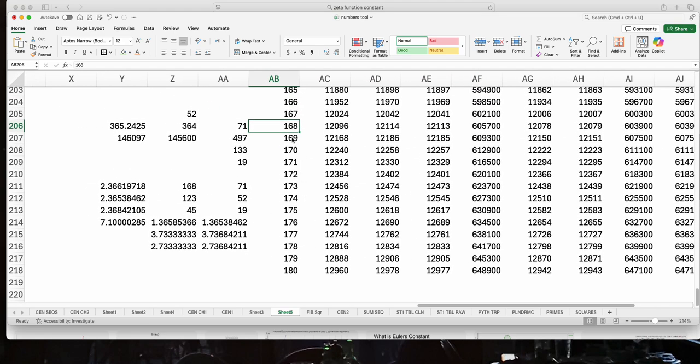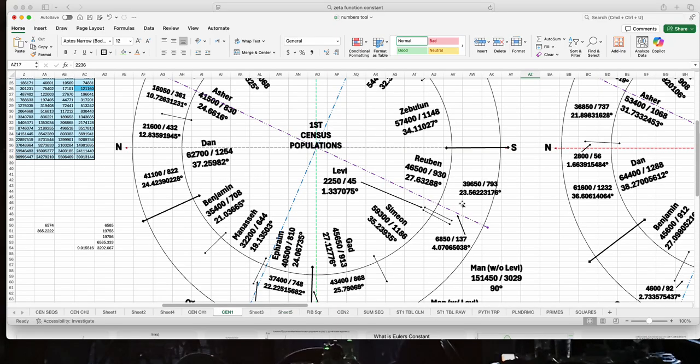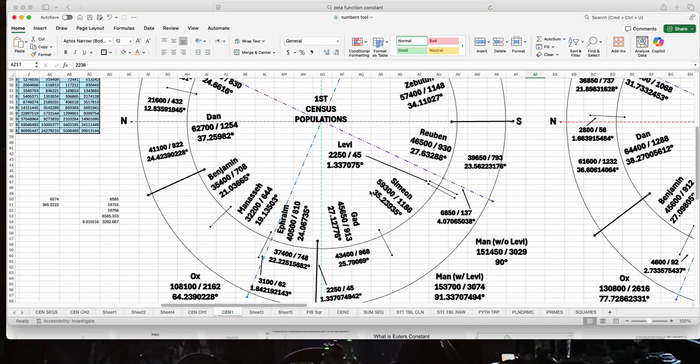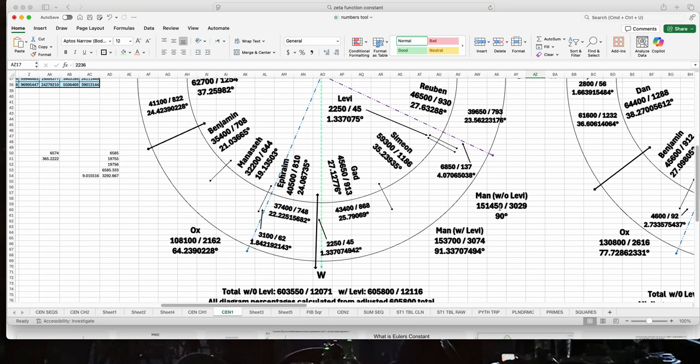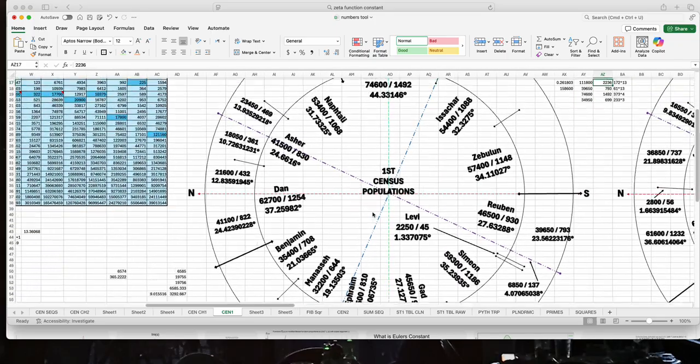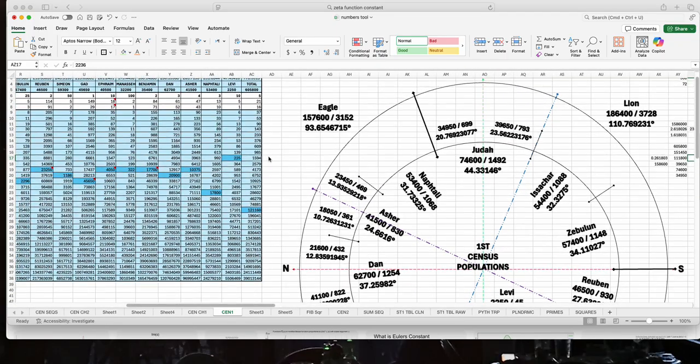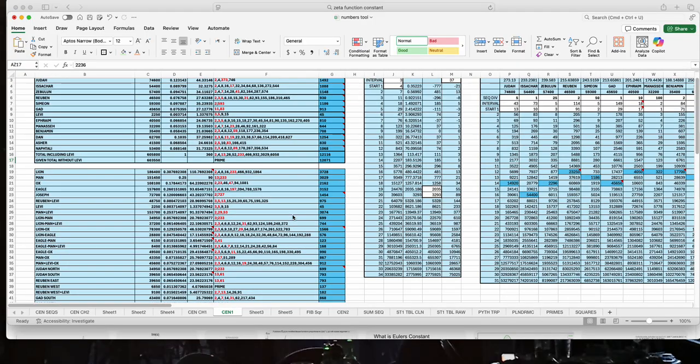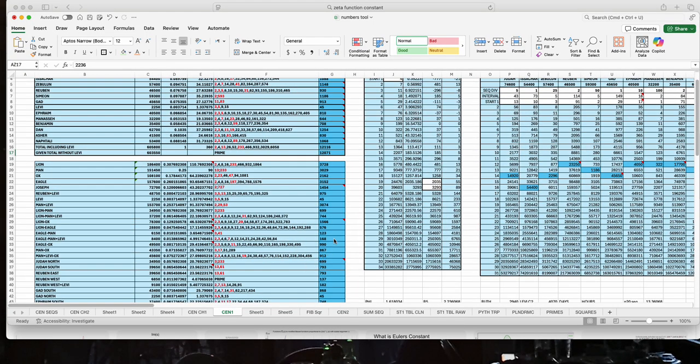And again, 168 ends up being the addition of, in your census over here, when you get given these numbers and you boil them down, the difference between the man grouping and the eagle grouping is 123. Again, that's the number, this 123 number that you get right here, 6150.